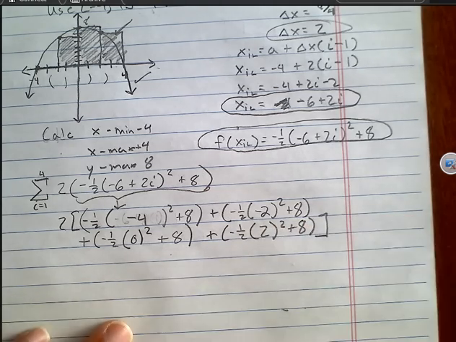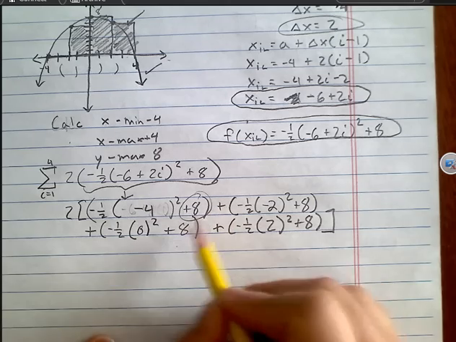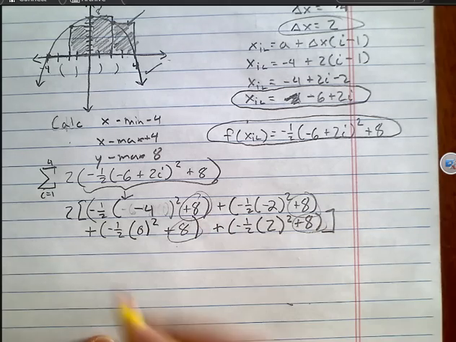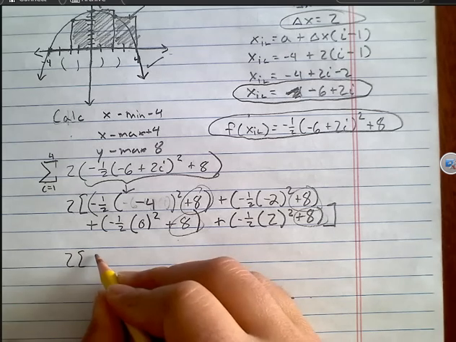Now I could just plug all that into my calculator, but I don't have a calculator, so I'm going to be algebraically savvy here. I'm going to take these four 8s and rewrite them as 8 times 4.